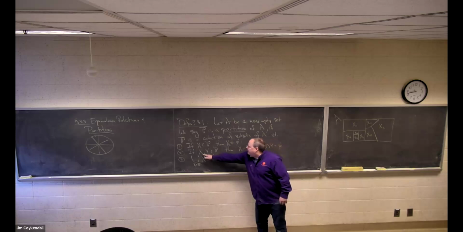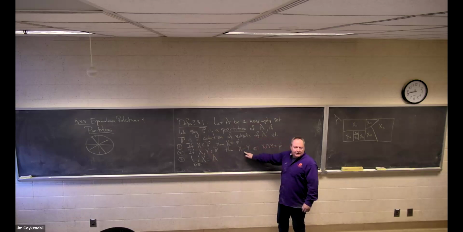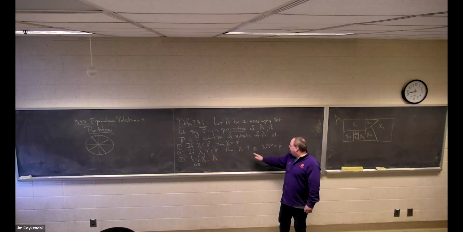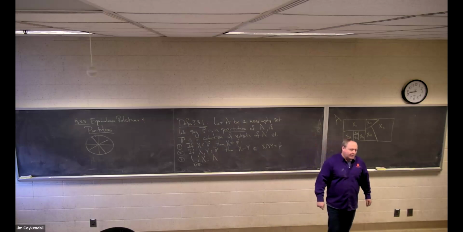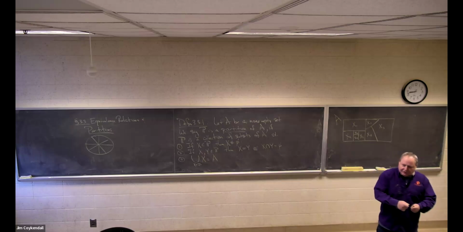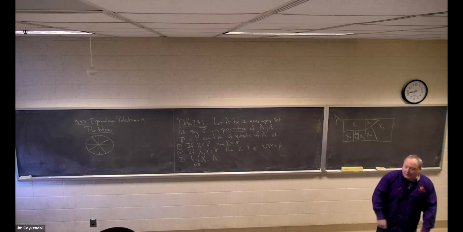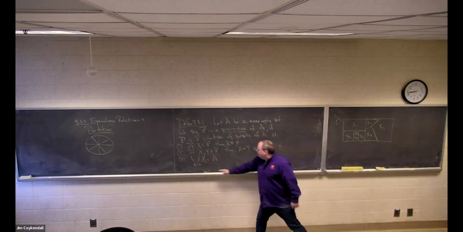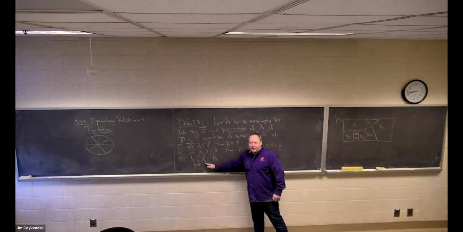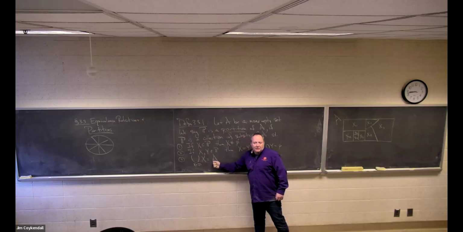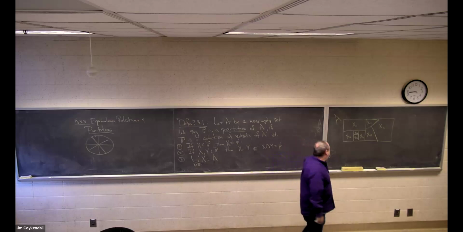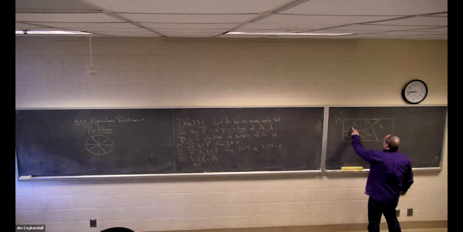If I have two pieces, those two pieces are either the same or there's no overlap. If you've got jigsaw puzzles that are overlapped, you need to get a knife and cut them apart. That's a problem. And if you put all the pieces together, the union of all the pieces of the puzzle, you get the entire set, your finished puzzle.